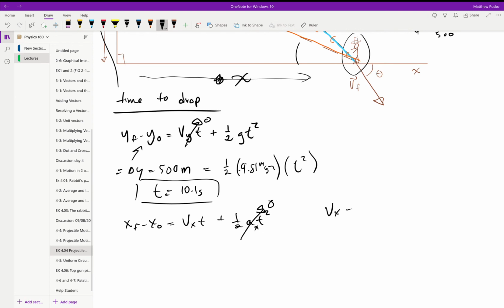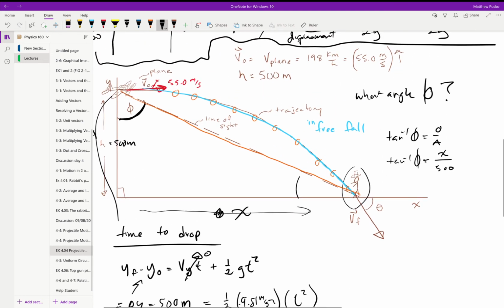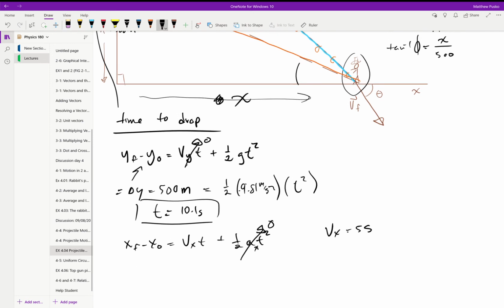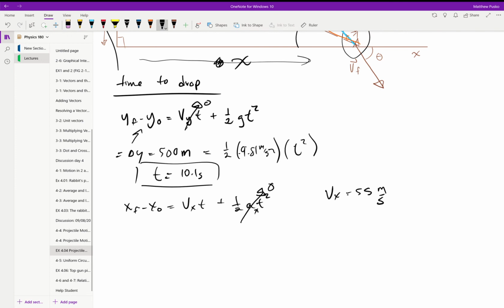Vx is equal to, was it 55 meters per second? So we know that. And this would be equal to our delta x, or our total displacement, because we started at the origin. So the displacement is equal to its position in this case.